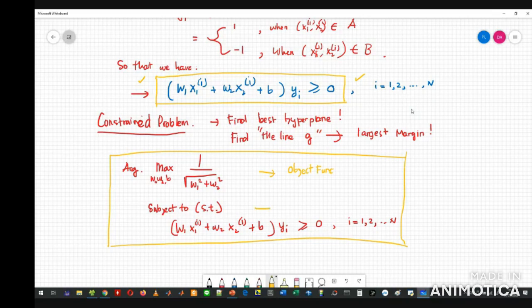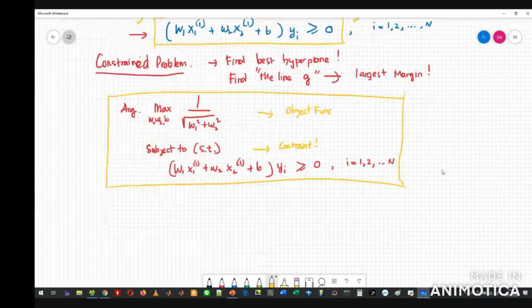And this one is actually the constraint. Okay, so far so good. Now let me rewrite this maximization problem into a minimization problem.